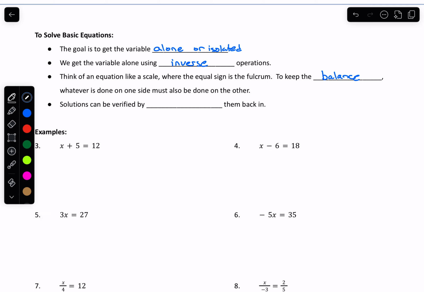And if you didn't get that reference of a scale, by the way, if you imagine a triangle with a line going over it, like a seesaw, you've probably seen a seesaw, the fulcrum is that point right there in the middle. Okay, so it's the balance point where we tip the scale to each side. All right, so now solutions can be verified by plugging them back in.